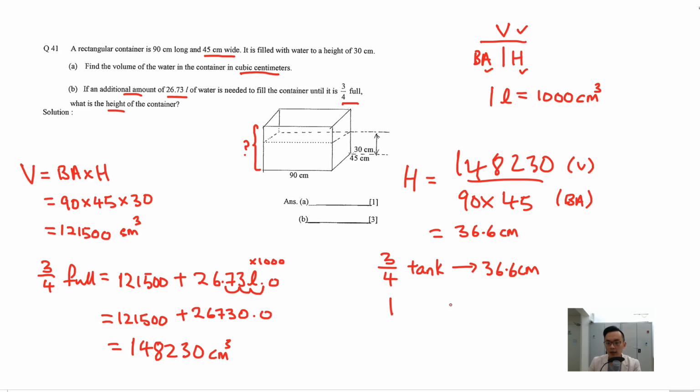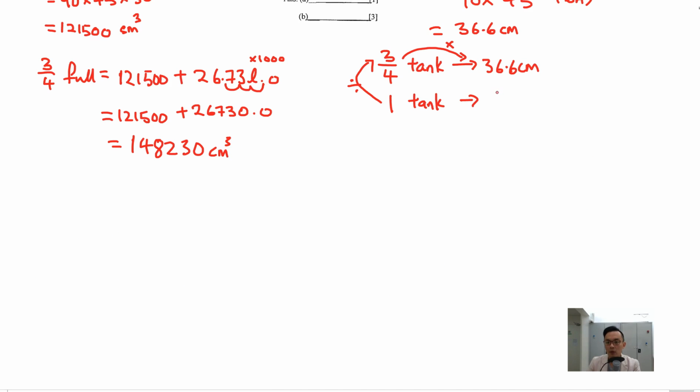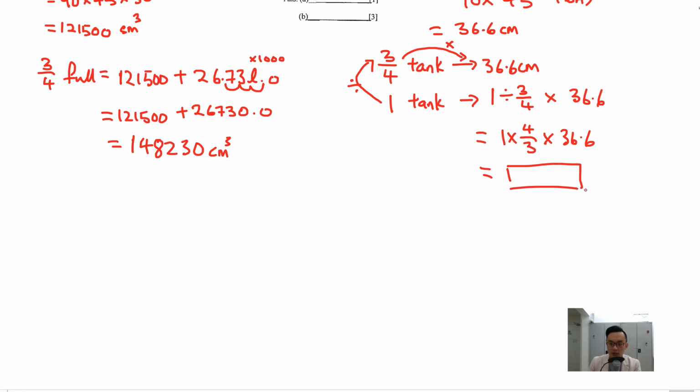Therefore, the whole tank is 1 divided by 3/4 times 36.6, which equals 1 times, I flip this around, 4/3 times 36.6, equals the answer.